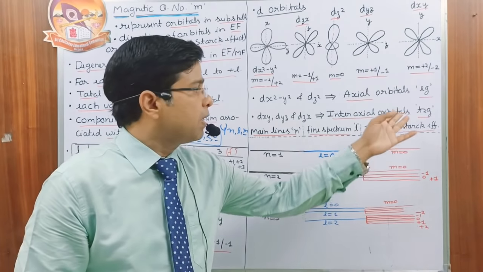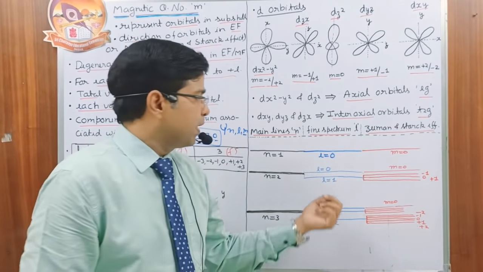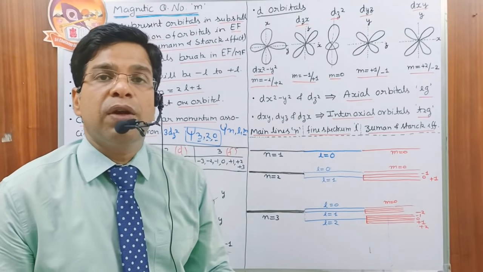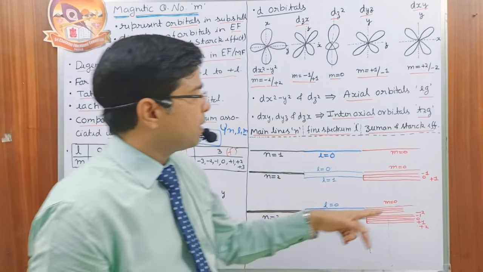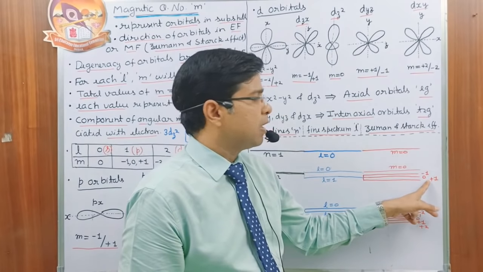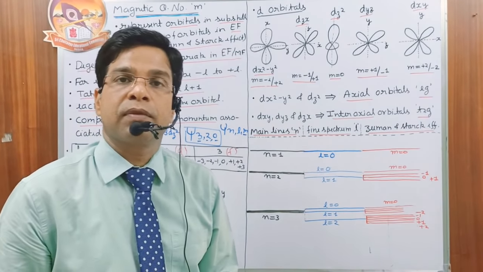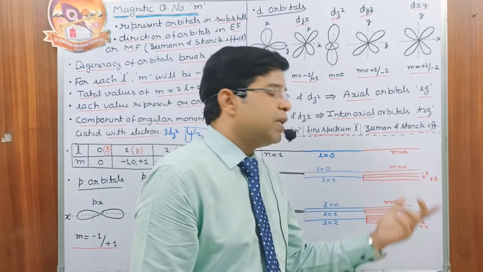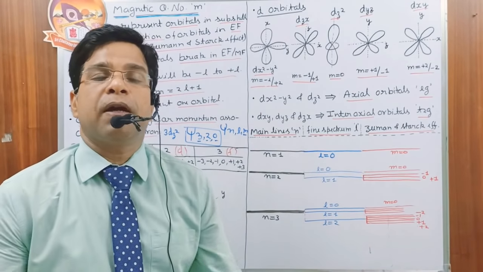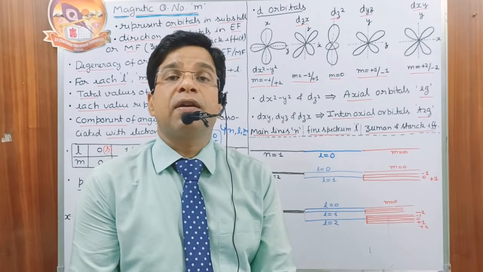When we apply an electric field and magnetic field, this line of l equal to 1 further splits into three parts: one line is -1, another is 0, and the next is +1.